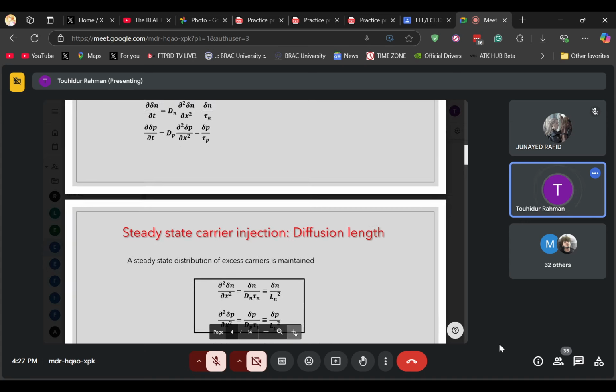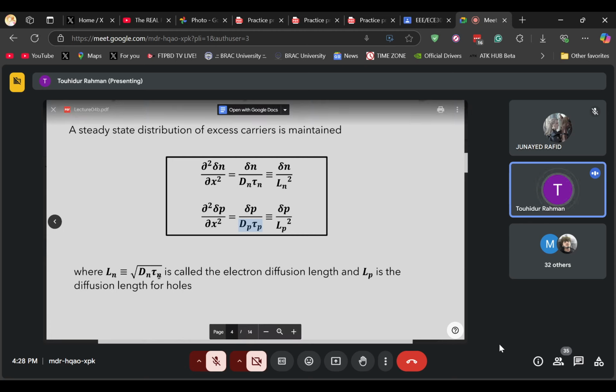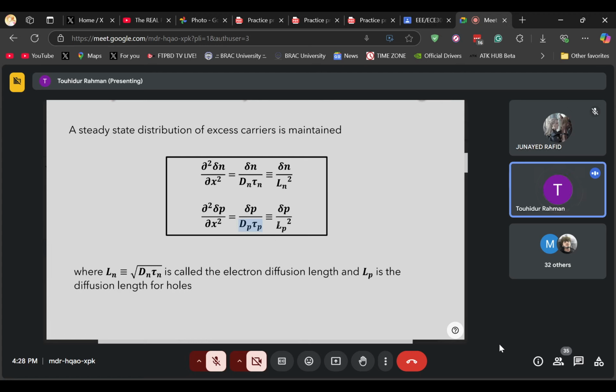We can write a similar equation for electrons. To make it simple, we call Dp times tau p the diffusion length squared, Lp squared. That means Lp is equal to root over Dp tau p, and Ln is equal to root over Dn tau n. This particular term is called diffusion length. That's all.